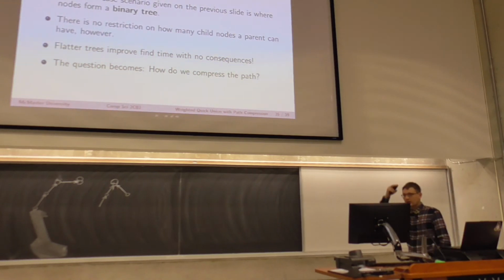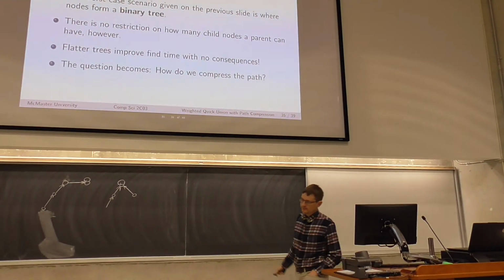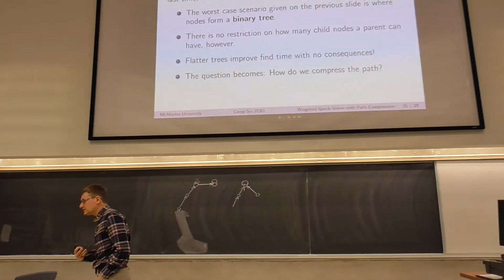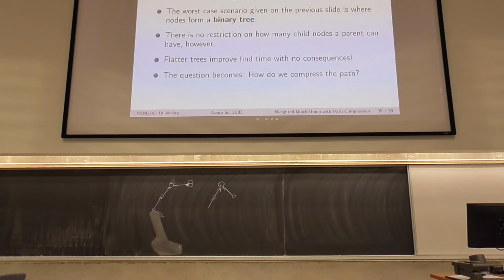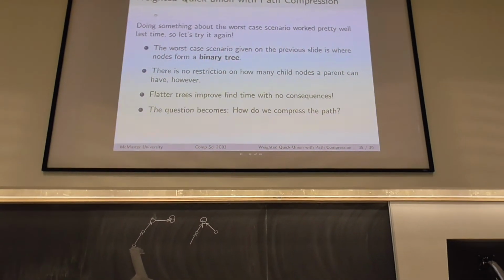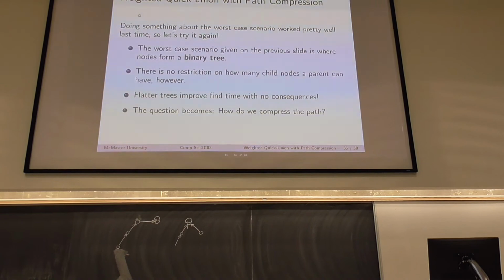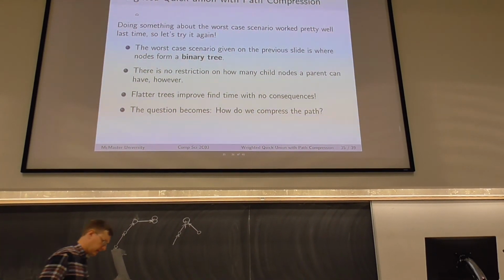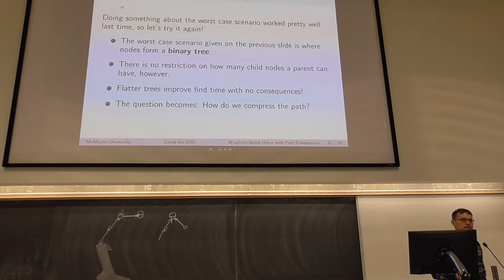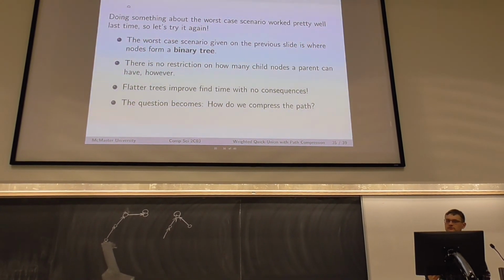The worst case scenario is a binary tree, but because this is not an n-ary tree, there is no actual restriction on the number of child nodes that any parent node can have. Therefore, we might be able to modify our algorithm in such a manner that maximum flatness is achieved.